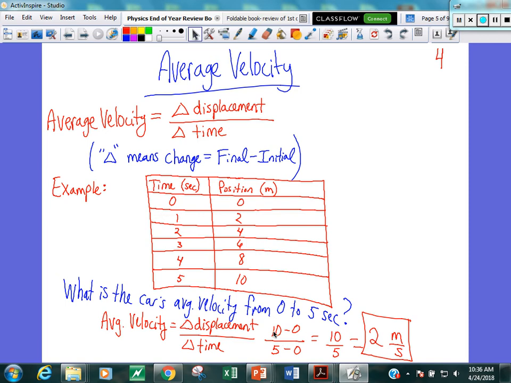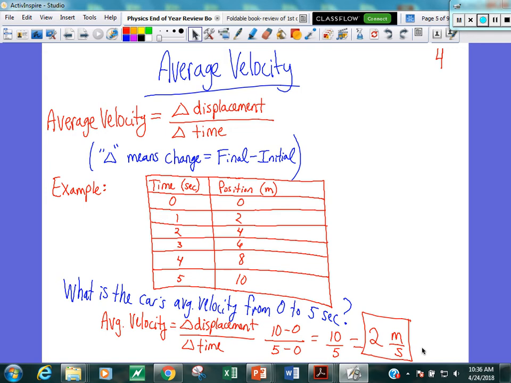And so when you simplify this, you get 10 on top divided by 5. 10 divided by 5 is equal to 2. And our units for velocity are meters per second. So the average velocity for this entire trip from 0 to 5 seconds is 2 meters per second.